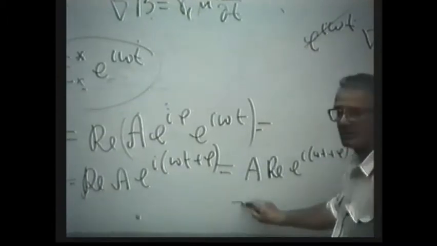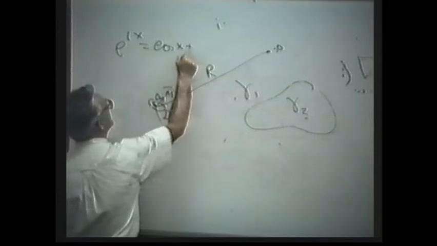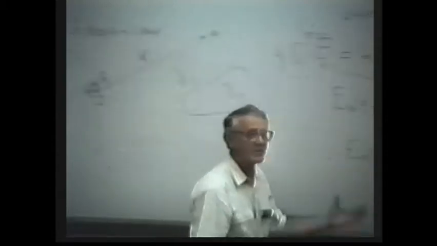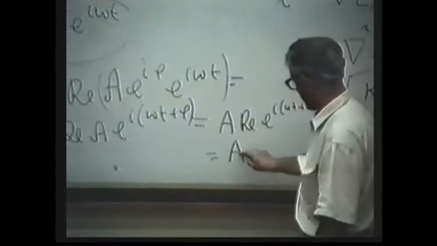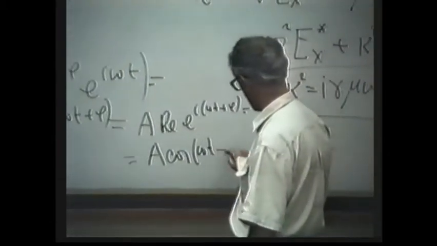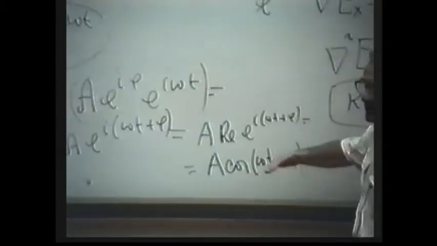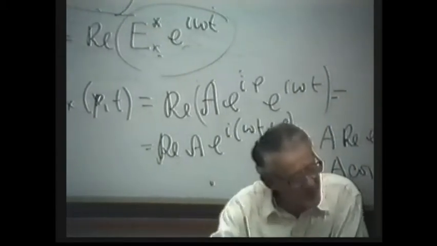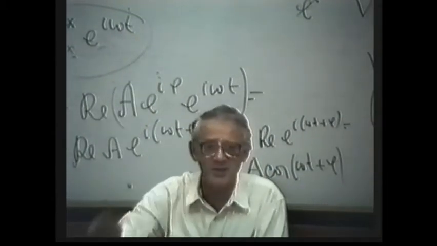What is it? e to the i x equals cosine x plus i sine x. So what in our case is x? Omega t plus phi. So now we got real oscillation. So the boundary value problem is formulated in the frequency domain always for the complex amplitude, which contains amplitude and phase. Take the real part, and then the result is ready.